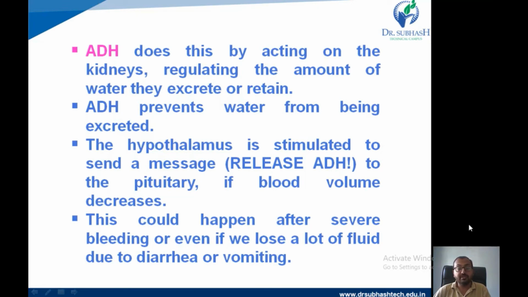So there will again be inhibition of antidiuretic hormone, so that the amount of water excreted from the body and the amount of blood can be maintained. This could happen after severe bleeding, or even if we lose a lot of fluid due to diarrhea or vomiting.